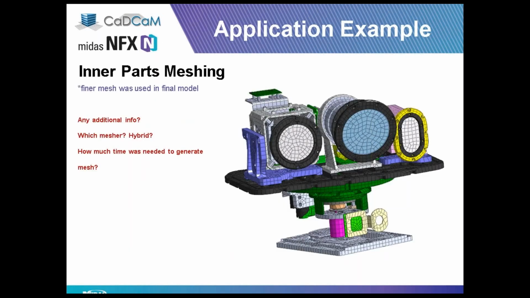Of course, all the internal components, optical components, will be meshed as well, and the final mesh was used in order to find the elements in the internal parts, especially optical parts.